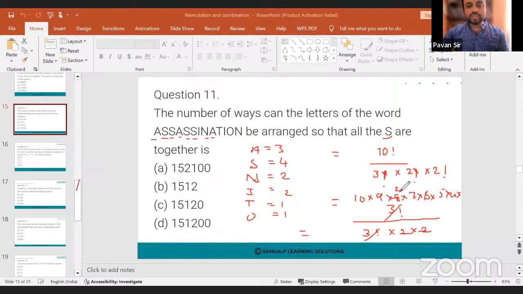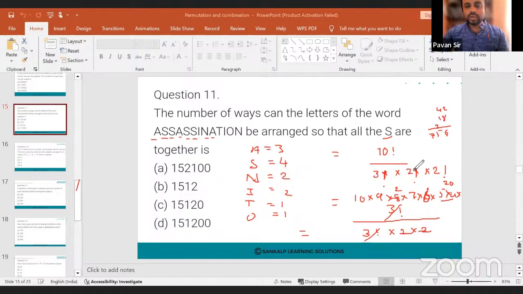9 into 2 is 18. 5 into 4 is 20. Then 7 into 6 is 42. 42 into 18, do it fast.